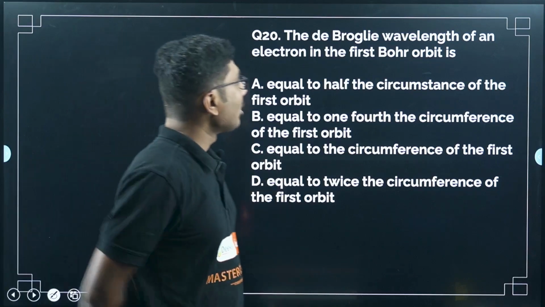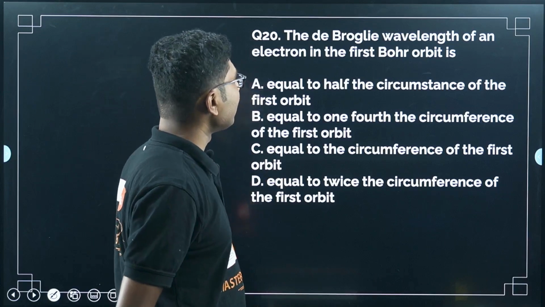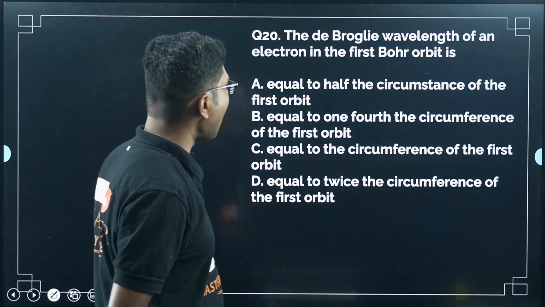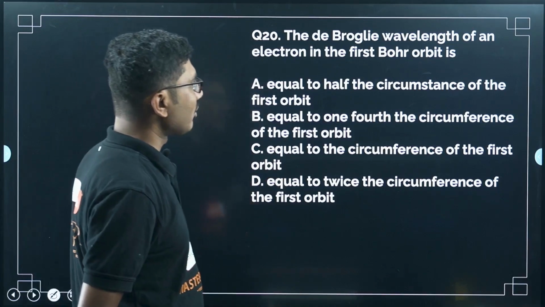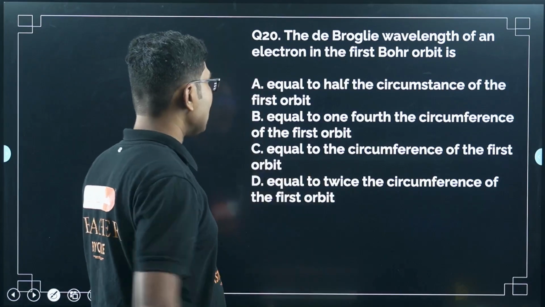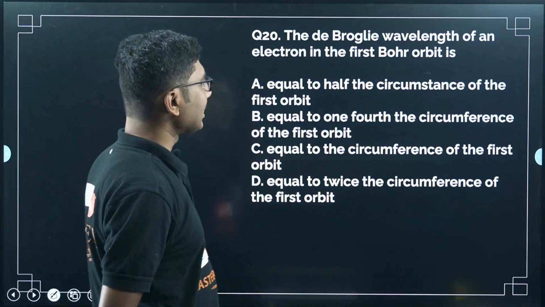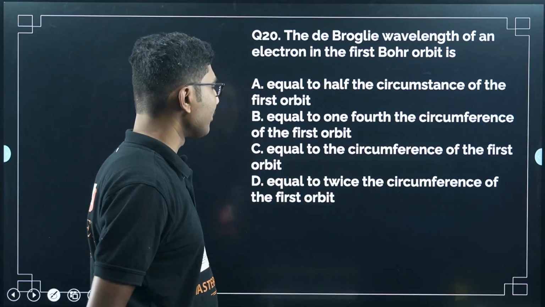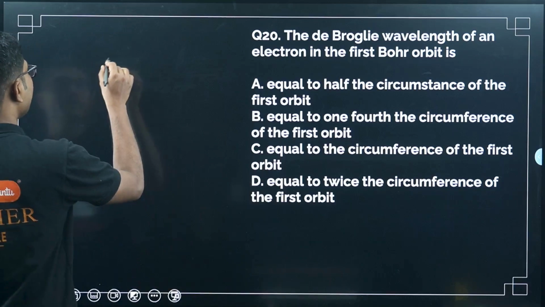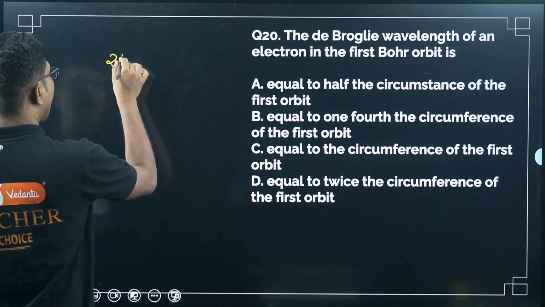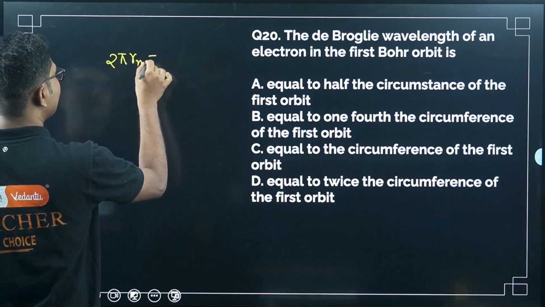The de Broglie wavelength of an electron in the first Bohr orbit is equal to half the circumference of the first orbit, or 1/4 the circumference, or the circumference of the first orbit, or twice the circumference. Now we know that 2 pi Rn equals n lambda.